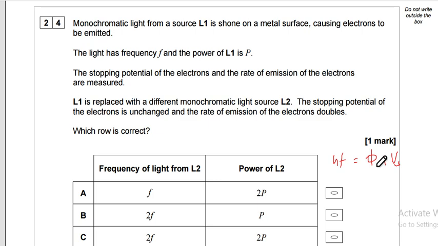So for the same metal plate, phi is a constant, okay?